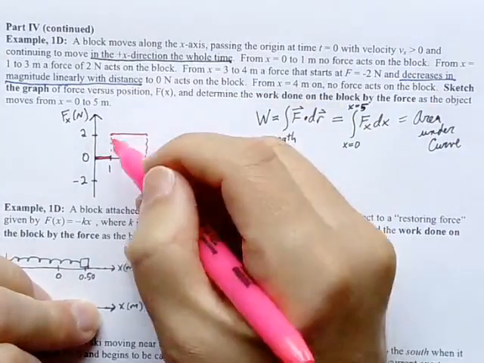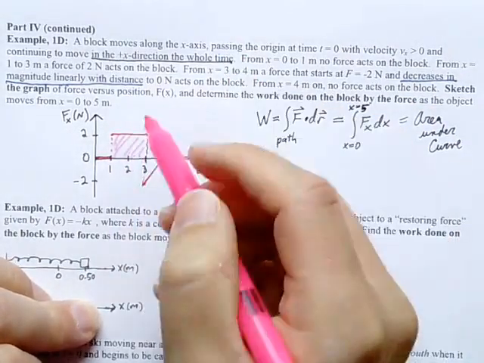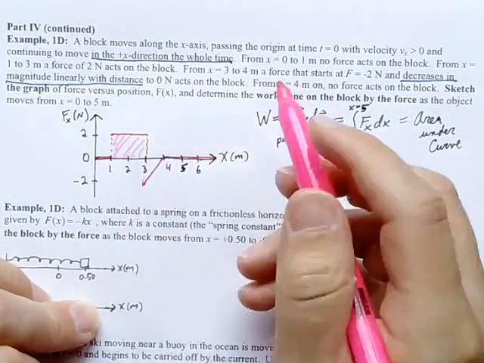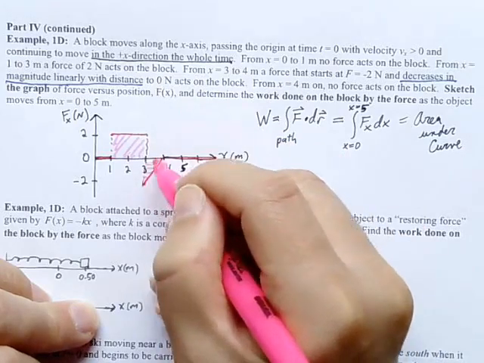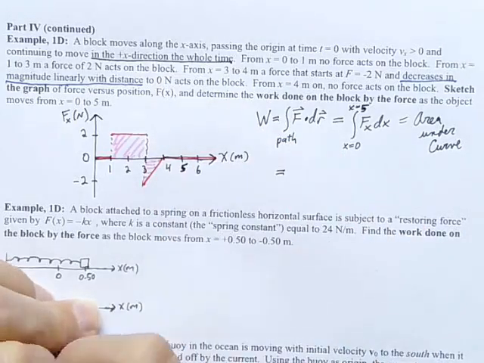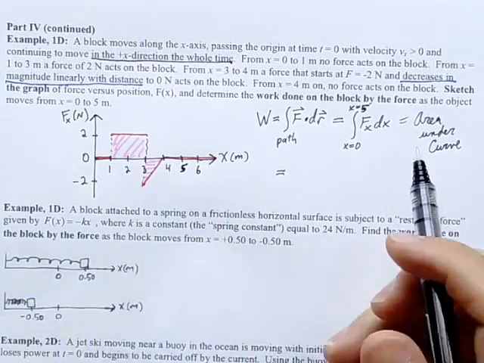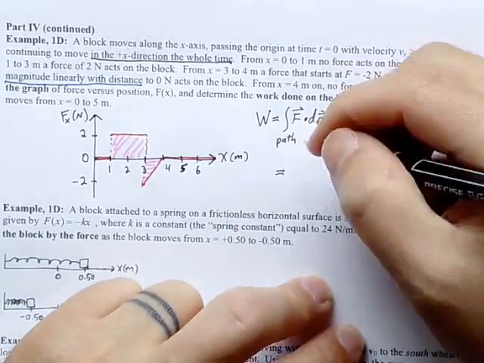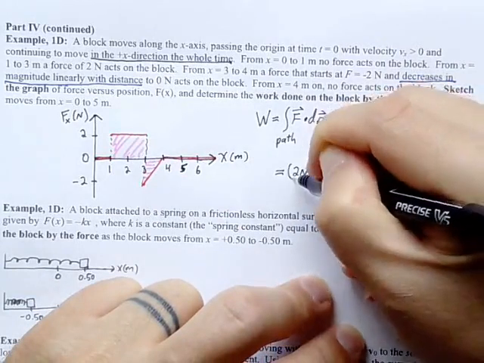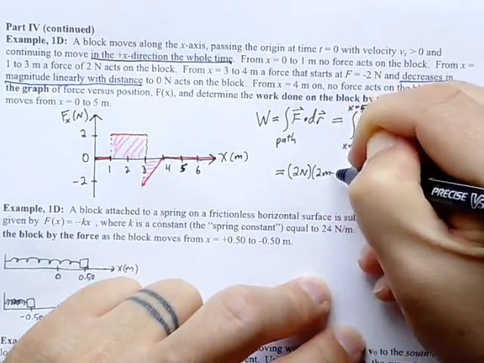So let's get that area here. That looks like 2 newtons times 2 meters there. And then half of negative 2 newtons times 1 meter there. So our area is the area of the rectangle, 2 newtons times 2 meters.